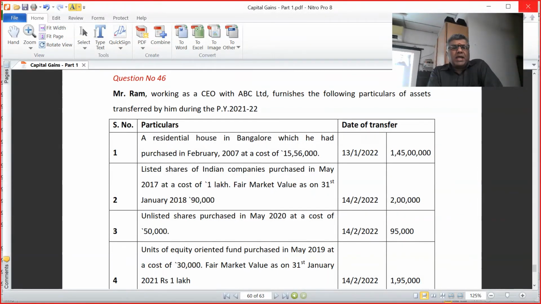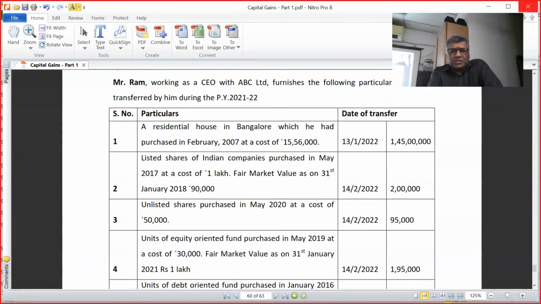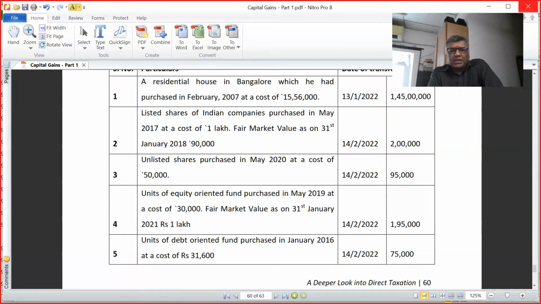Mr. Ram, a CEO of the company, furnishes the following particulars of assets. Residential house which was in Bangalore, which he had purchased for 1556. Listed shares of Indian company purchased in 2017, fair market value as on 31st January 2018.